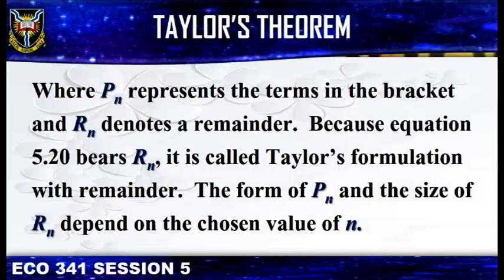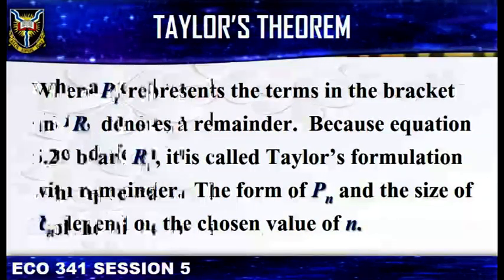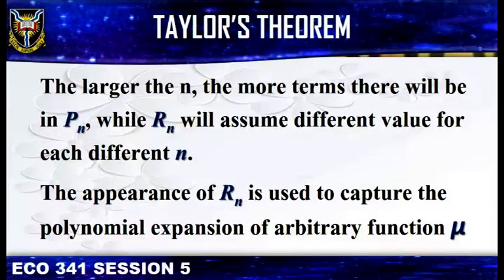Because equation 5.20 bears Rn, it is called Taylor's formulation with remainder. The form of Pn and the size of Rn depend on the chosen value of n. The larger the n, the more terms there will be in Pn, while Rn will assume a different value for each different n.